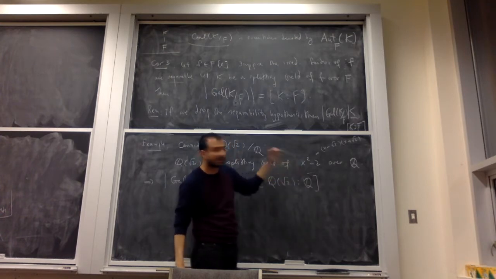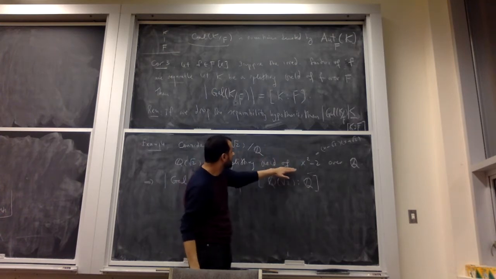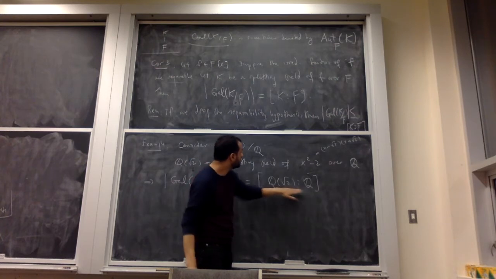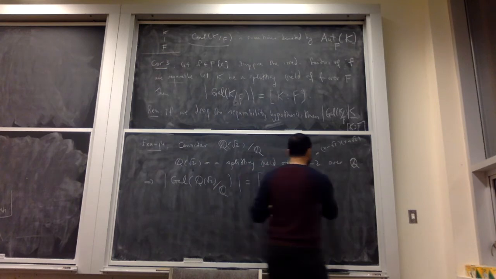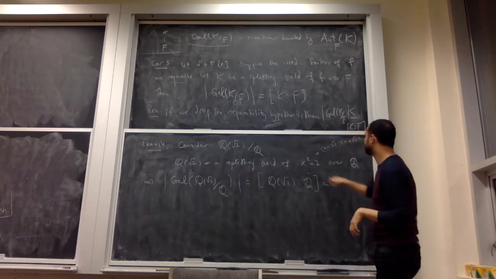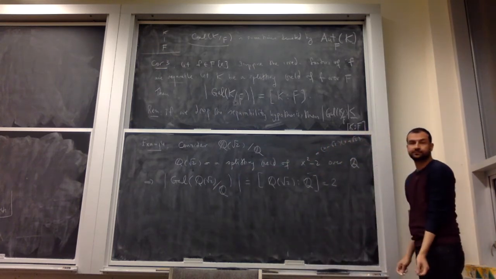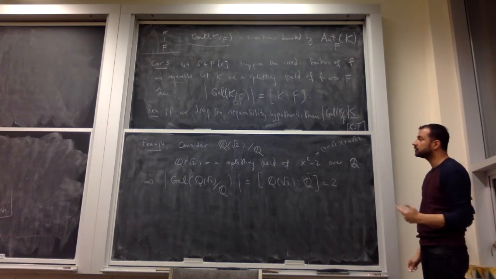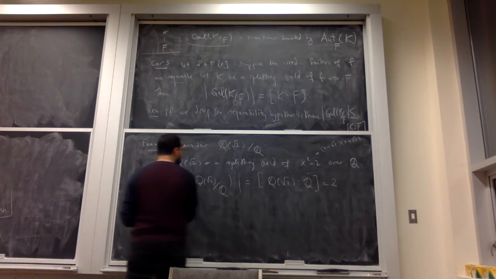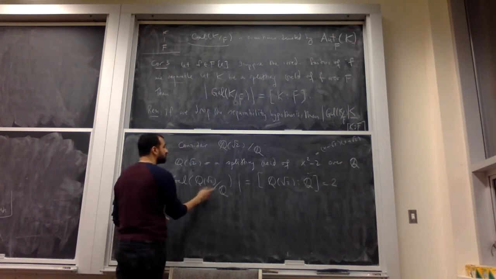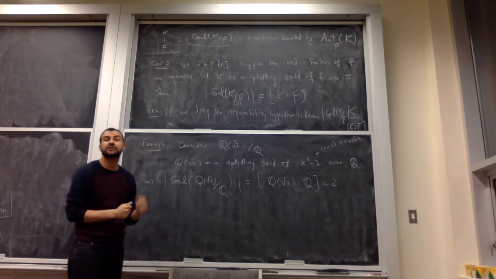It's overkill, but let's just say by Eisenstein criterion. Now it's irreducible, so adjoining root 2 to Q, we're going to get an extension of degree 2, the degree of that polynomial. So this Galois group has 2 elements. These elements of the Galois group are automorphisms of Q adjoint root 2 which fix Q. And there's 2 of them.